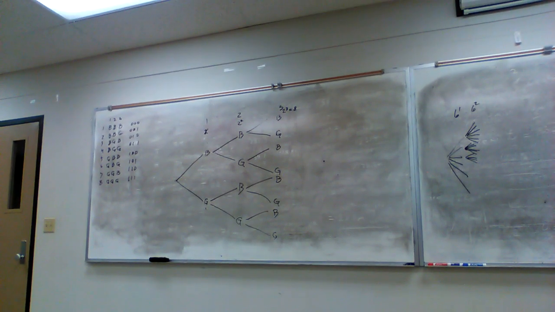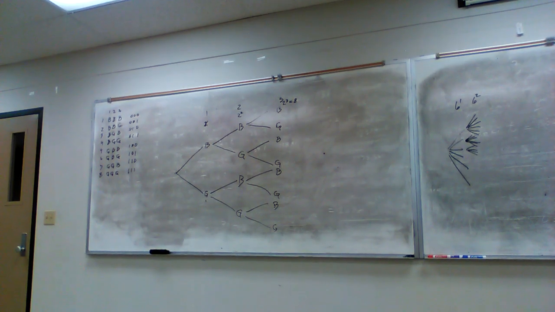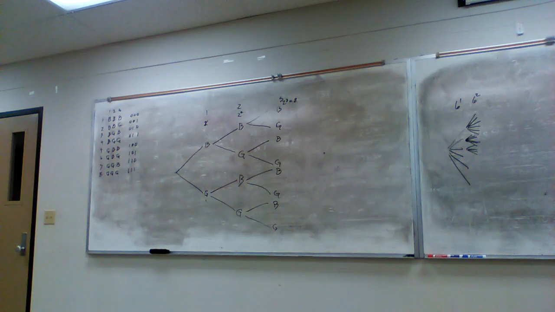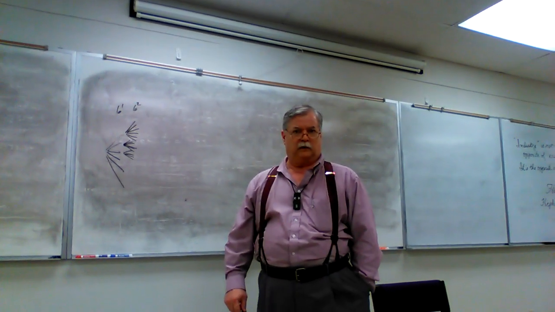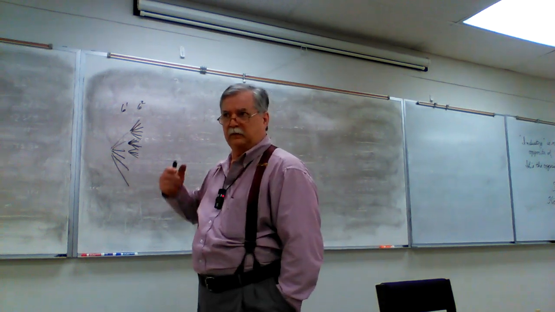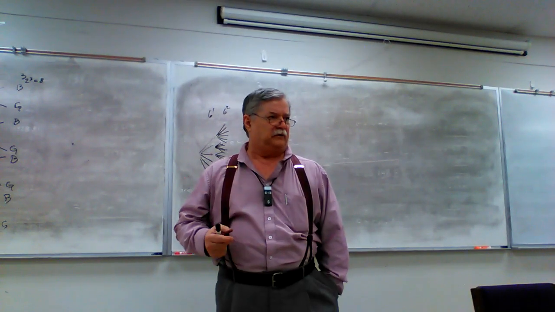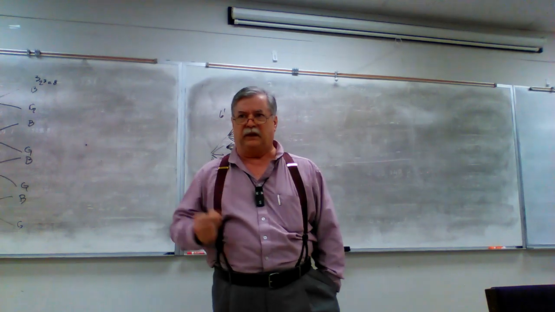that brings us to classical probability. Now, what is the basis of classical probability? In classical probability, we assume that every possible outcome has an equal probability of occurring.